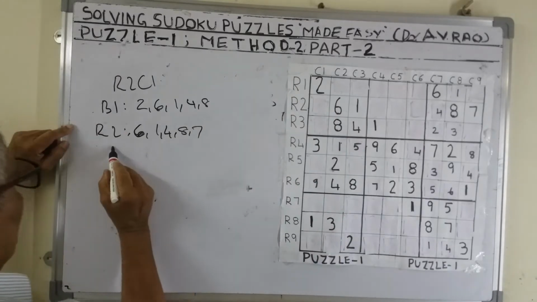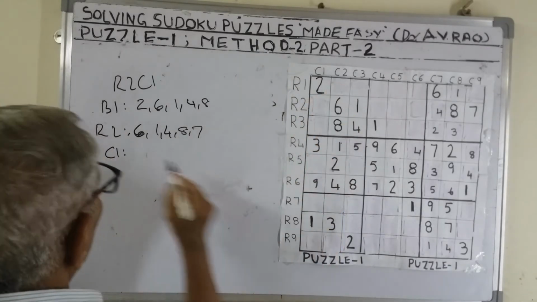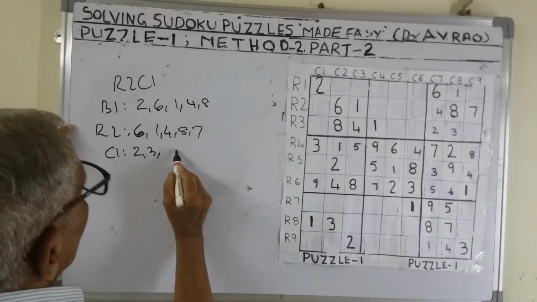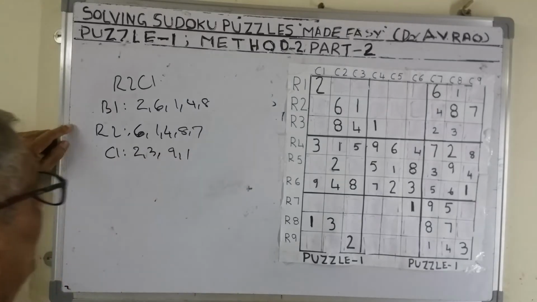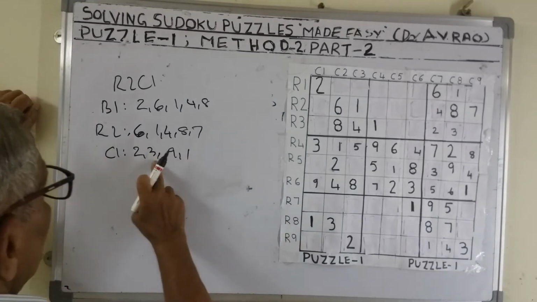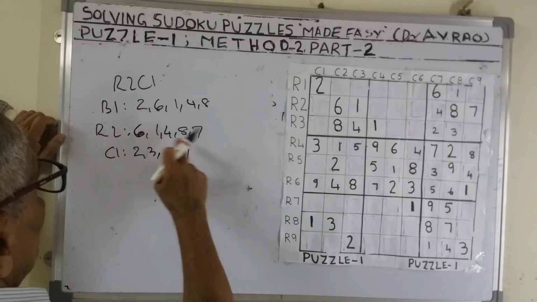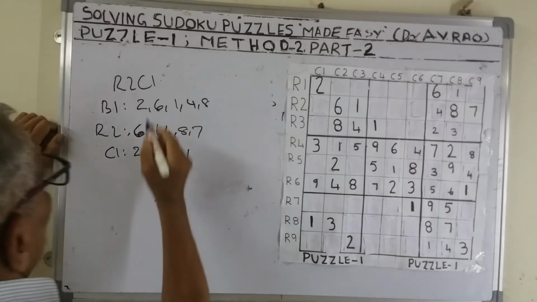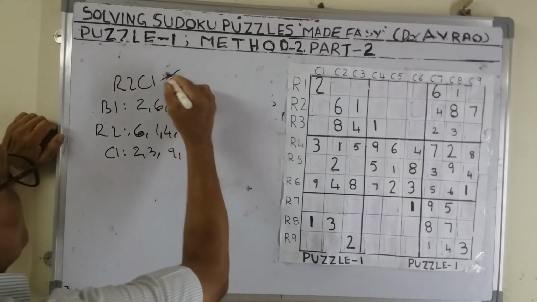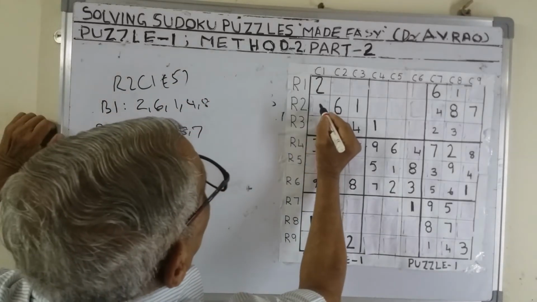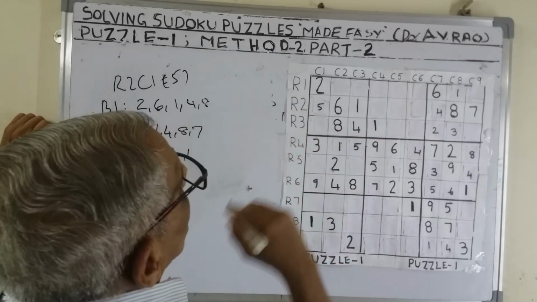And column C1, what are the numbers? 2, 3, 9 and 1. Let us see what is missing. 1 is there, 2 is there, 3 is there, 4 is there, 6 is there. So 5 is the missing number. So R2C1 becomes 5.